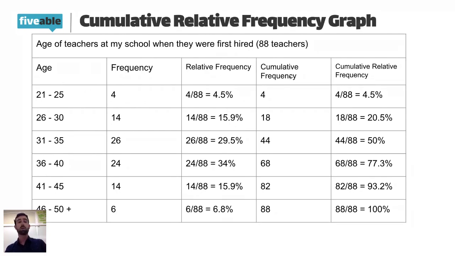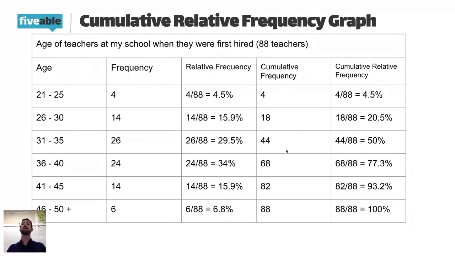On the next column, we're going to have cumulative frequency. Remember, cumulative is added up. So as we go down our list, we're going to add what was previous to our new set. So right here, I had 4 that were from 21 to 25. If you add that 4 to that 14, it's going to go up to 18. So I have 18 teachers that were 30 or younger entering their first year of teaching.